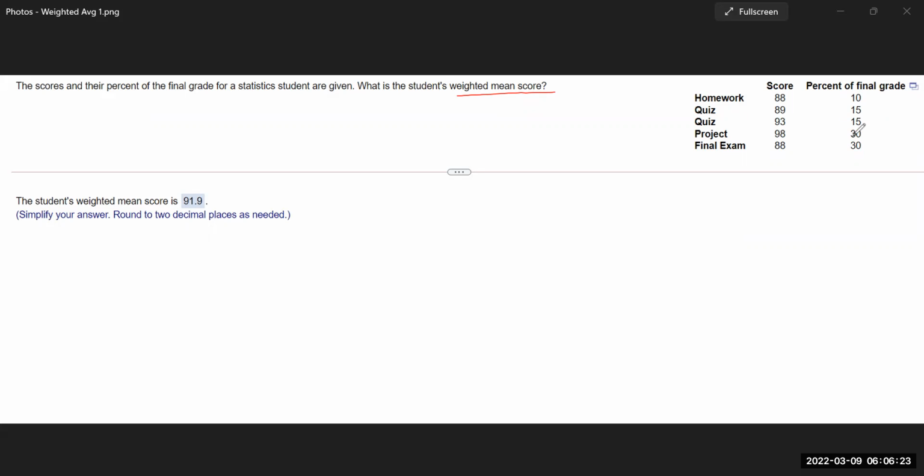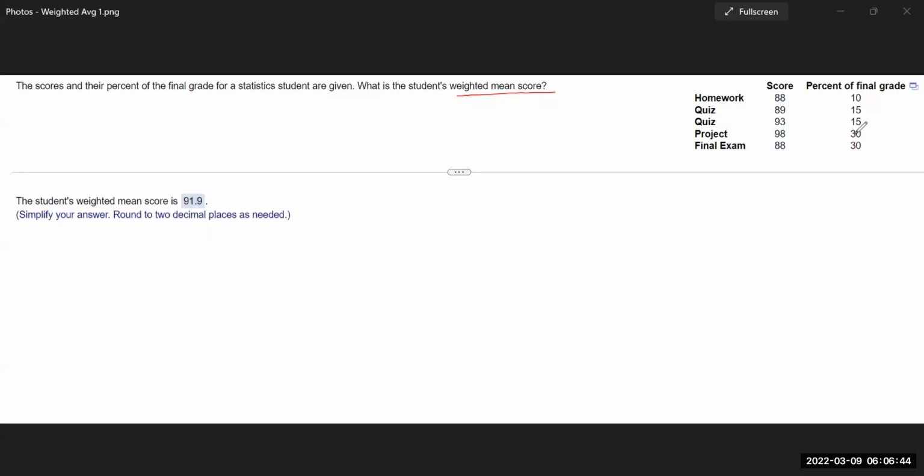If you score 100% on all homeworks and all quizzes, but you fail the final and the project, you are more likely to fail the class.